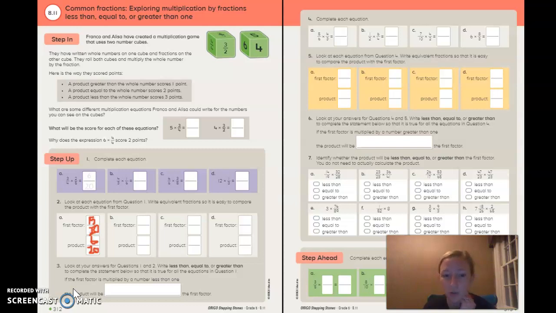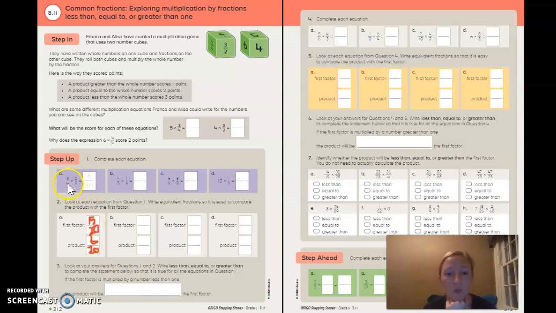Look at your answers for questions 1 and 2. These are questions 1 and these are questions 2. Write less than, equal to, or greater than to complete the statement below so that it's true for all the equations in question 1. If the first factor, remember that's the first number you're multiplying, is multiplied by a number less than 1, the product will be less than, equal to, or greater than the first factor.